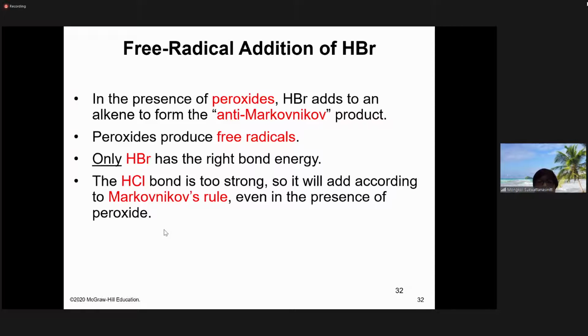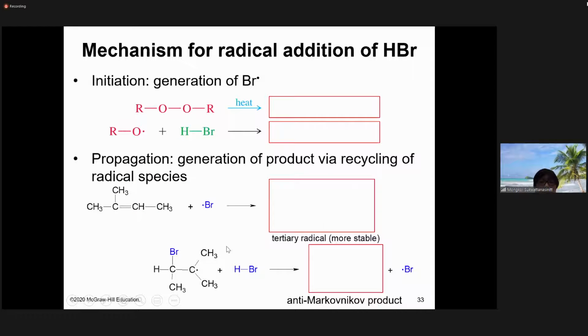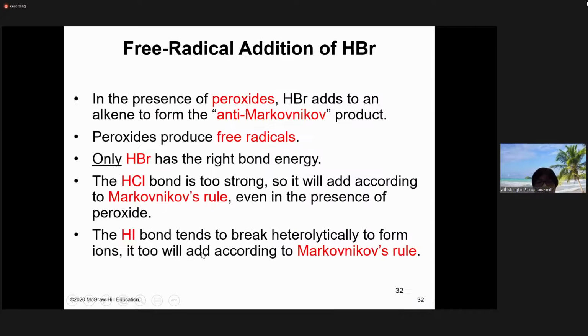Okay, how about HI? The HI bond is also too weak, so it tends to break off. It is too acidic, it tends to form H plus, or the proton, easily, and it adds quickly to the alkene.